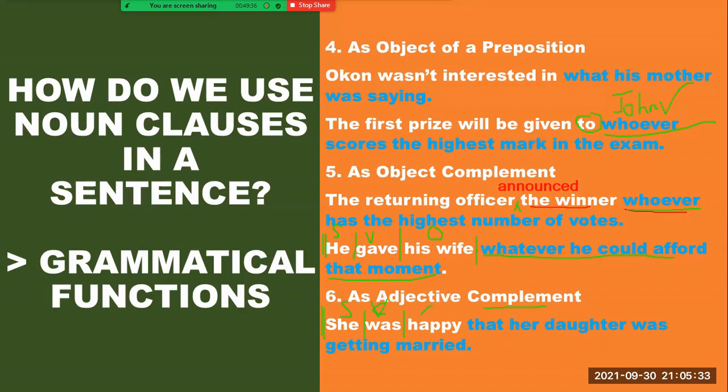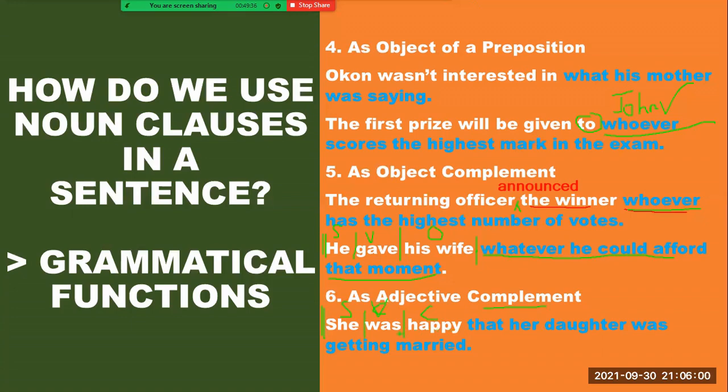This is supposed to be the complement, but then this complement is also giving additional description. This additional description is the complement. It complements the complement, which incidentally is an adjective. So you can see it here.